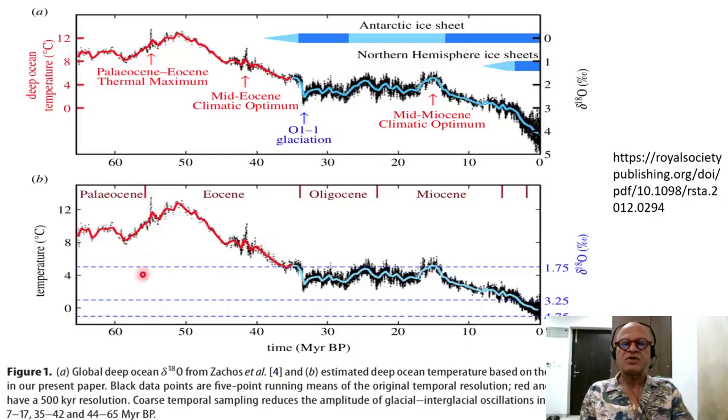Okay, so here you can see in terms of delta O18 again and temperature, this is another way to look at it. So you can just keep this in mind.